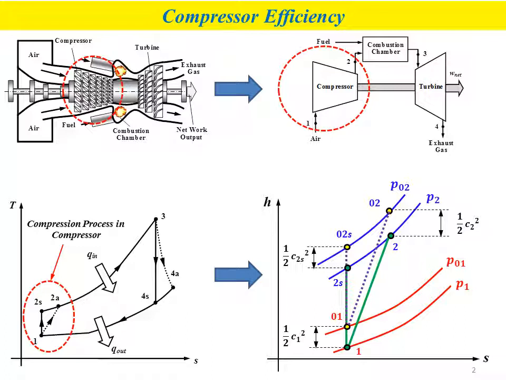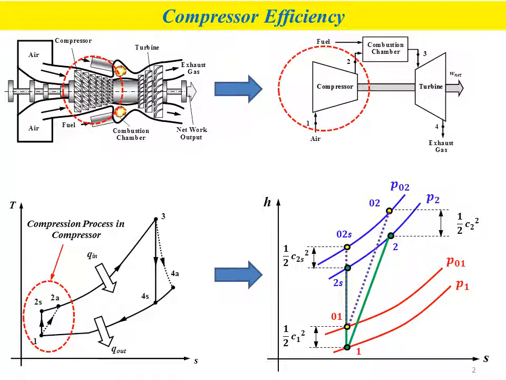At the inlet we have static pressure P1 and stagnation pressure P01. At the outlet of the compressor we also have two types of pressure: static pressure P2 and stagnation pressure P02.